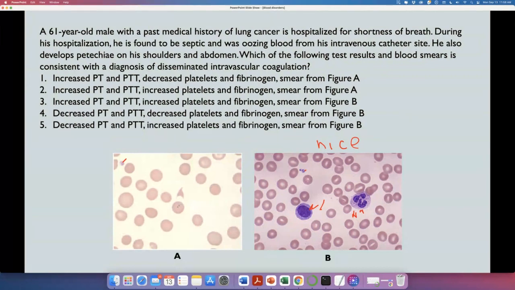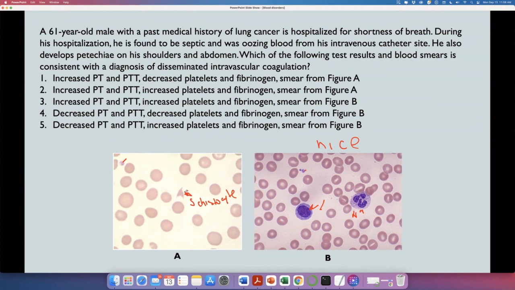There is a loss of the central pale area. They look very round. And there is a broken red blood cell that is called schistocyte. Why is it broken? Something's breaking the red blood cell somewhere.